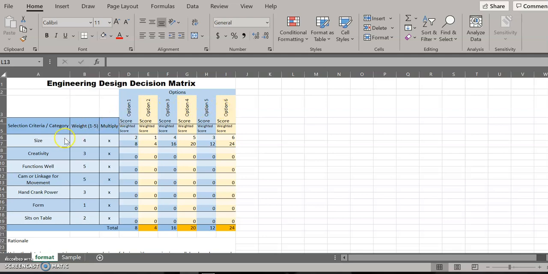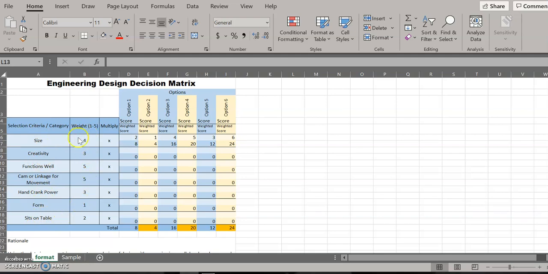And then over here in this first column, you're going to have your selection criteria. This is what you need to think about with respect to all of these designs in order to make sure that you pick the best one. So you should start off by writing down your ideas up here and then writing down your selection criteria or the category in that first column.